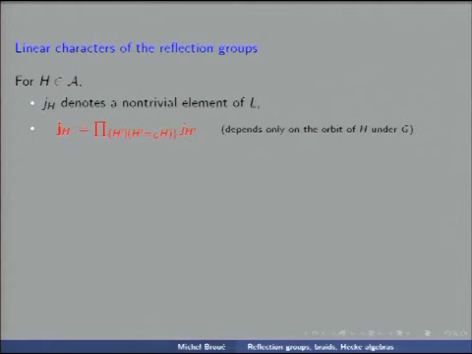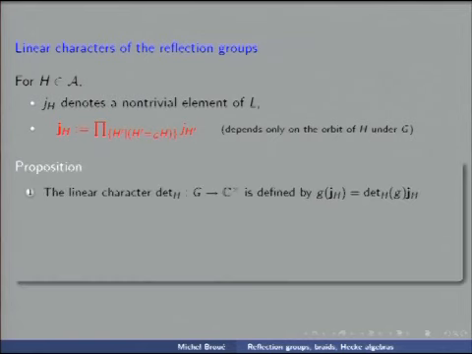Then it is an easy exercise to realize that when G acts on this bold J, you get an eigenvector for this J. In other words, you get a linear character for the group G. And this character is called determinant sub H. It's a kind of local version of the determinant, and its value can be computed that way.